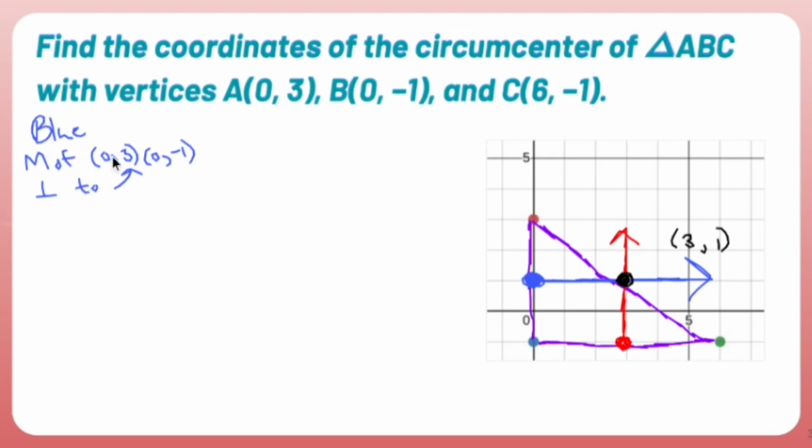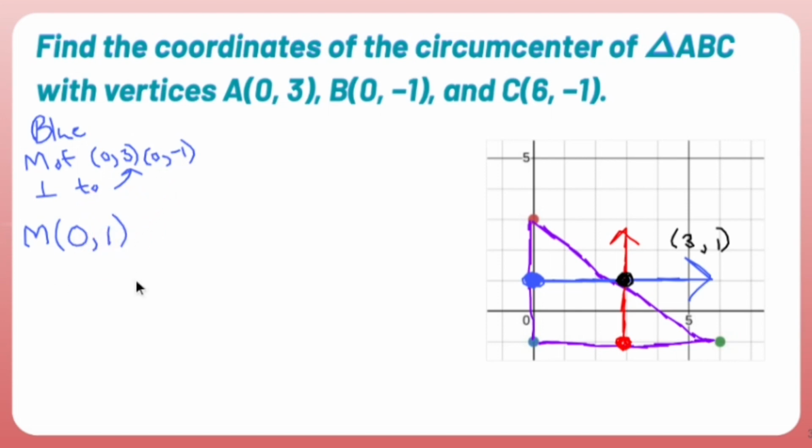The midpoint of (0, 3) and (0, -1) is the average of the x values. The average of 0 and 0 is (0 + 0) divided by 2, which is 0. And the average of my y values is 3 plus negative 1, 2. Divide that by 2, 1. My midpoint is (0, 1).